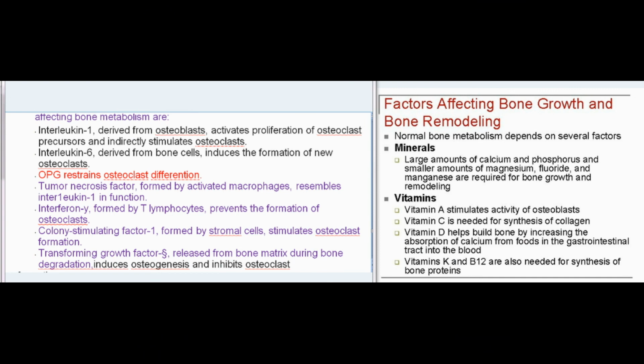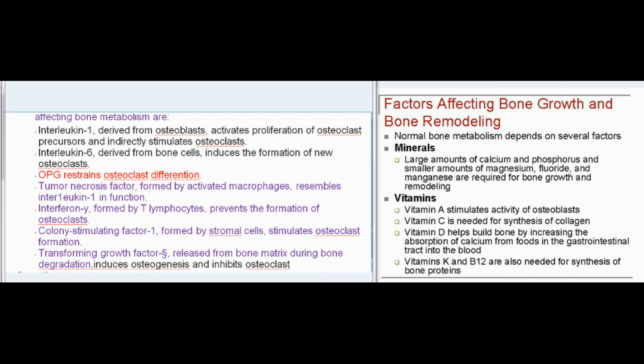Additional factors affecting bone metabolism are: Interleukin-1, derived from osteoblasts, activates proliferation of osteoclast precursors and indirectly stimulates osteoclasts. Interleukin-6, derived from bone cells, induces the formation of new osteoclasts. OPG restrains osteoclast differentiation.